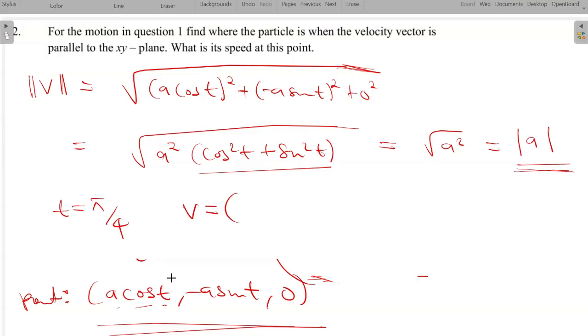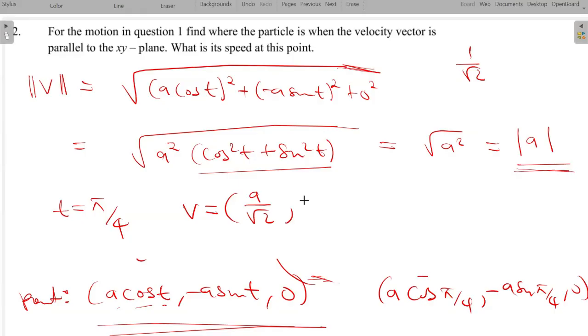Pi over 4 is just 45 degrees, and cos 45 is just 1 over root 2. Let me write it here. a cos pi over 4, then negative a sine pi over 4, then of course the 0 there. When I place this here, I'm just going to have a over root 2, then negative a over root 2, then 0 there.